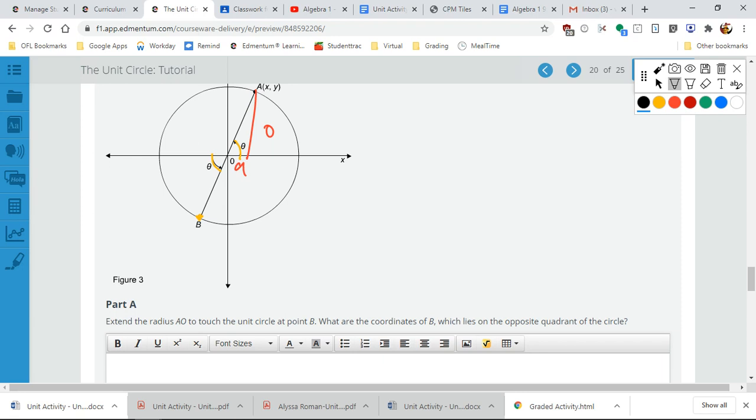So if I think about it that way, I'm like, wait a minute, that means that this opposite is the same, but it's negative because it's going down. It also means that the adjacent over here is the same, but it's going the opposite direction, so it's negative.